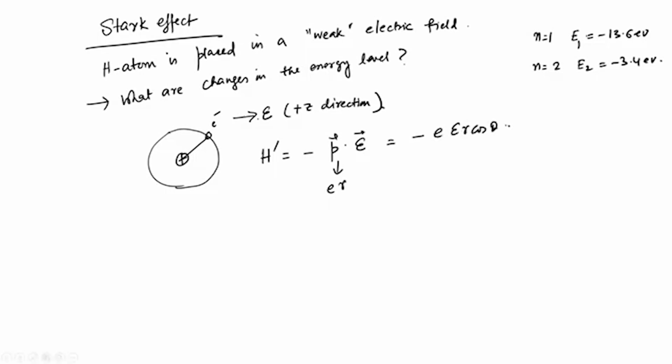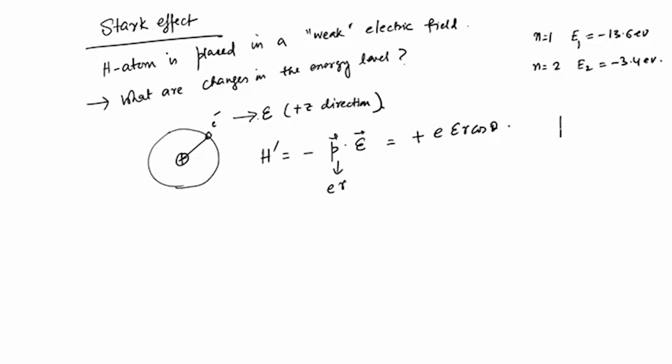There is an angle between P and the direction of E, and that is why it is minus e E R cos theta. Usually, because of this minus sign, and because the electric charge is also negative, we put a positive sign here.